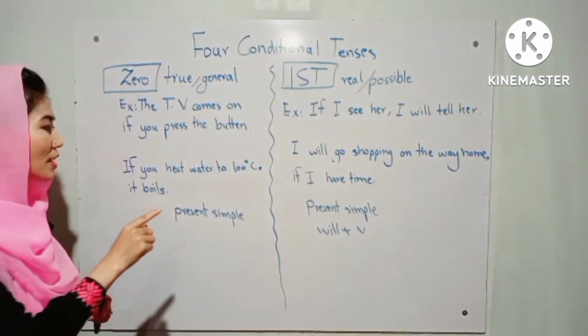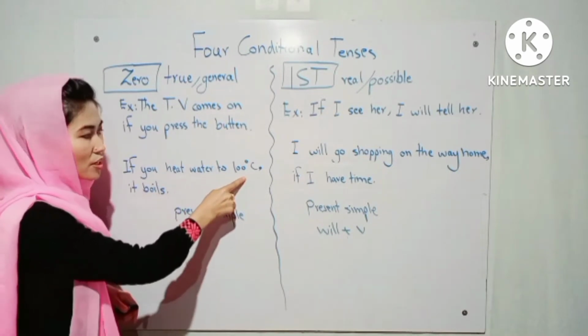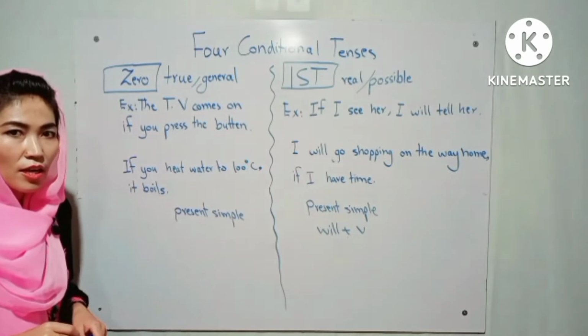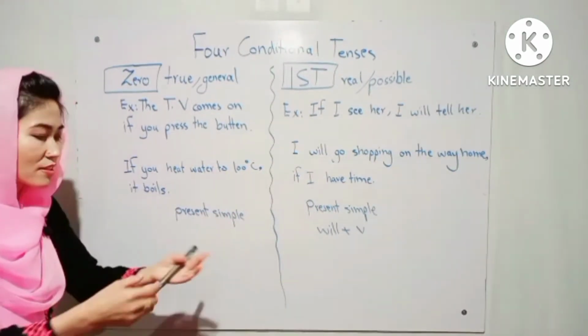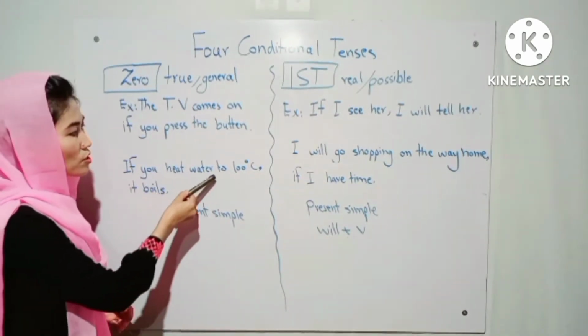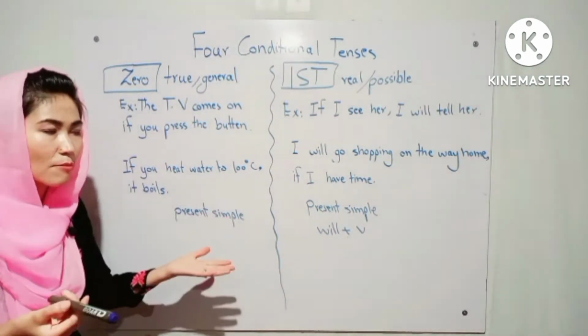Okay, so the next, if you heat water to 100 degrees centigrade, it boils. Or you can turn it round and say like this, it boils if you heat the water to 100 degrees centigrade. Both are the same.